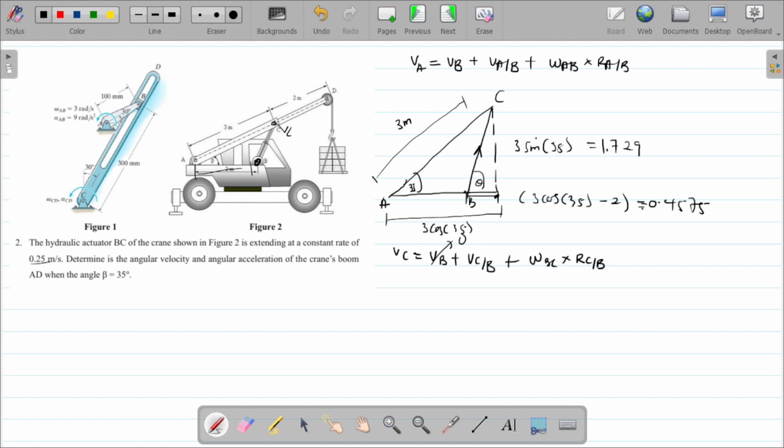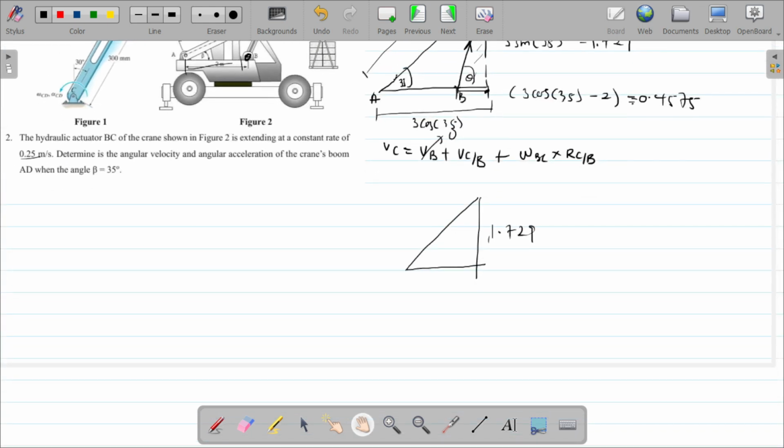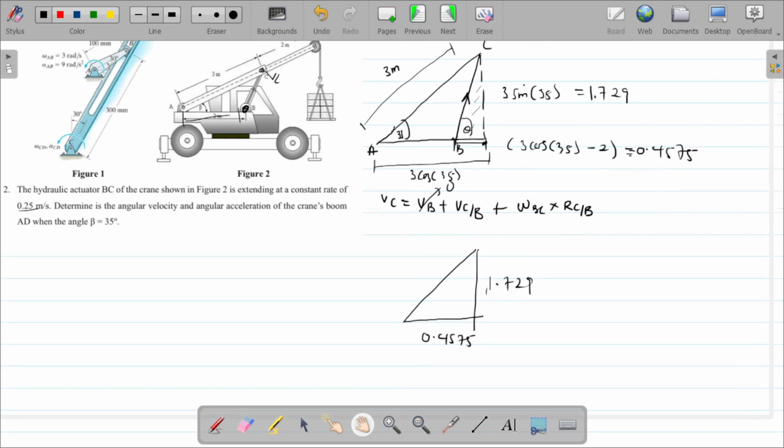So if I'm just taking this part out, I have 1.729 here and 0.4575 here. These are the lengths we used to get these values.